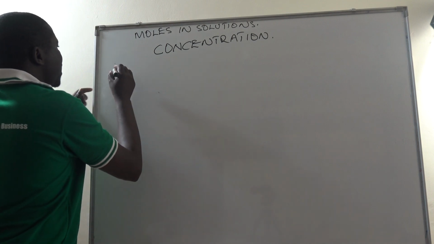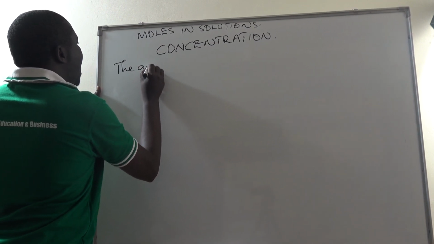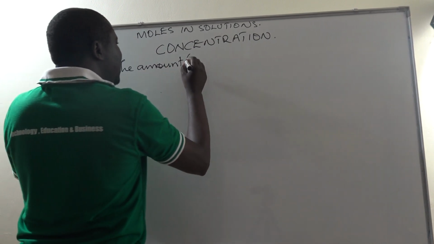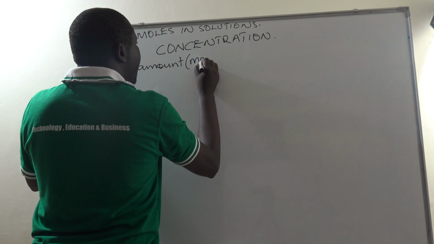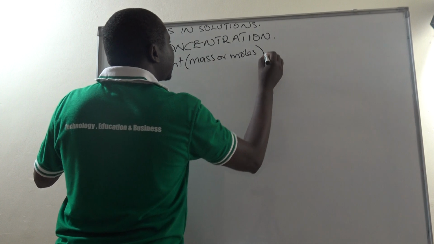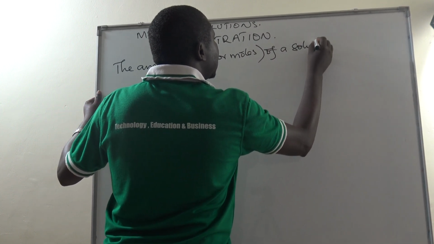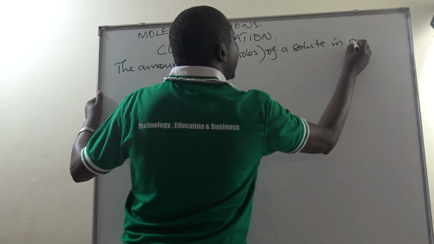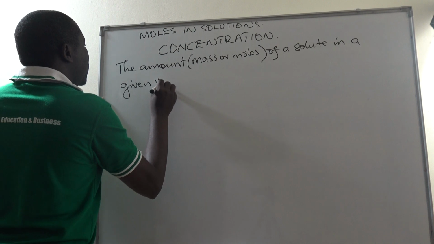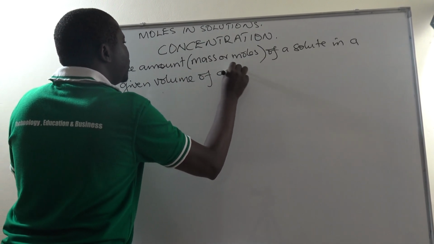So concentration is the amount, and the amount in this case we are talking about is either mass or moles of a solute in a given volume of a solution.